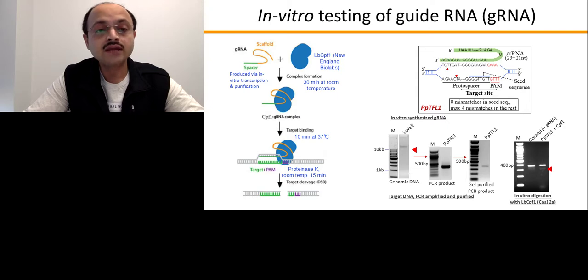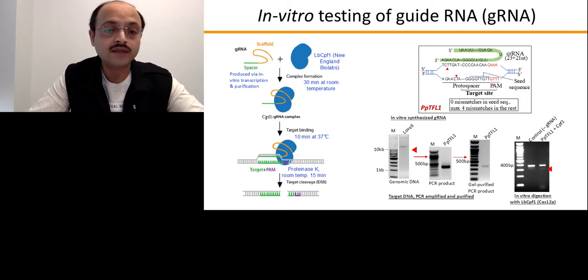We then put the mixture at 37 degrees Celsius to induce digestion of DNA. If the guide RNA is functional, it will guide the enzyme to the right site and create a nick or produce a double-stranded break in the DNA, as shown in this cartoon.